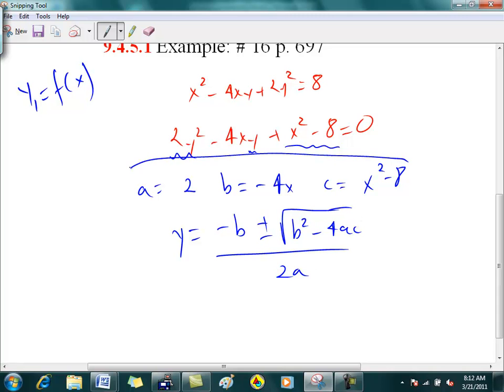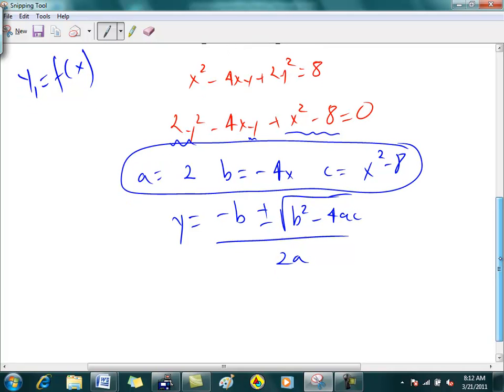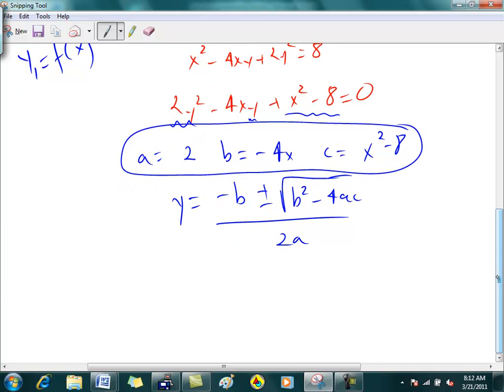Do you have all the stuff you need to put into the quadratic formula? Can you guys go do that and then graph it? What you're going to get is the plus sign going to y1 and the minus sign going to y2. Are you guys with me on this?